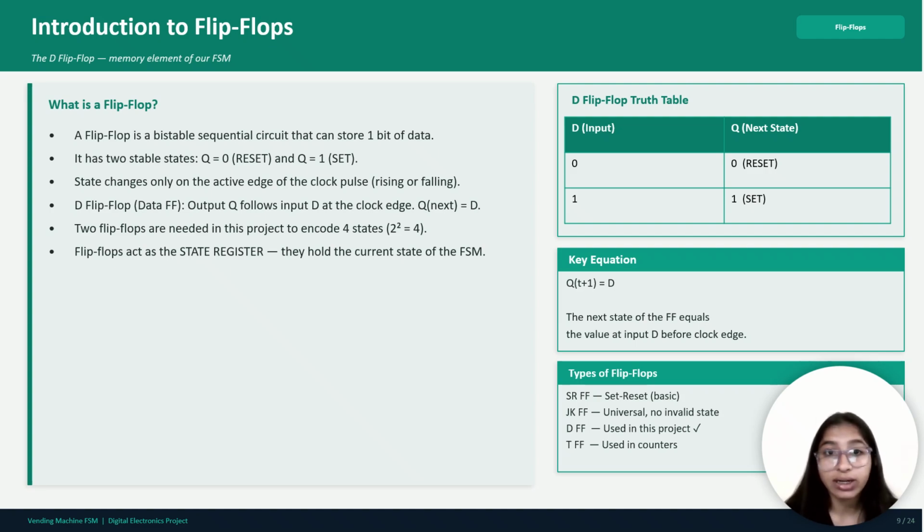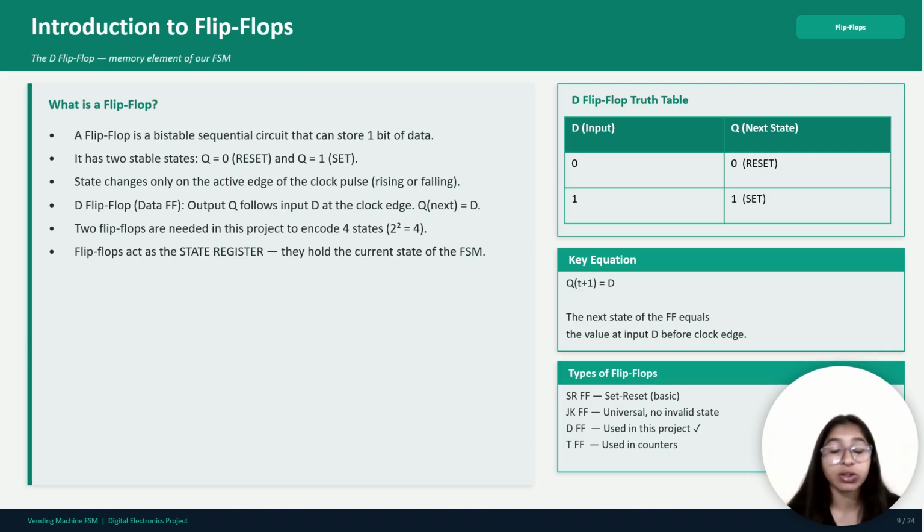So Q at time t plus 1 equals D at time t. That's it. Because our FSM has four states, we need to encode those states using binary. Four states require log base 2 of 4, which equals 2 bits. So we need exactly 2 D flip-flops. Let us call them FF1 and FF0, producing state bits Q1, Q0.